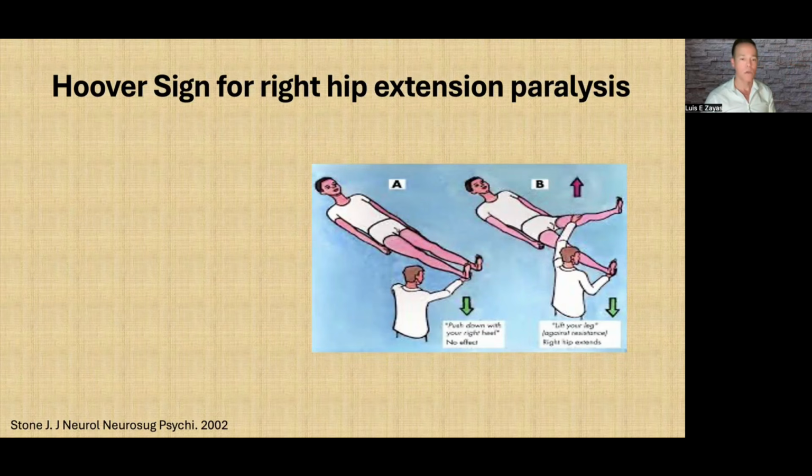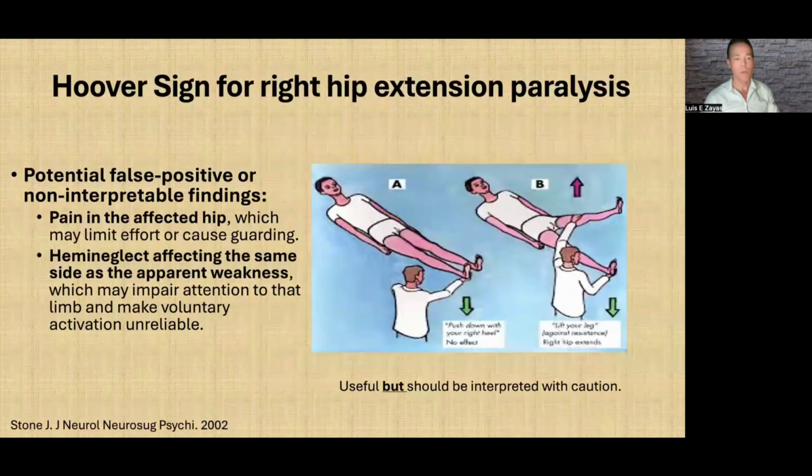Now you have to be careful, right? Because there are some conditions that could give a false positive test, or you are not able to interpret the finding. For example, you have hip pain. Of course, they have limited effort, so guarding, so you are not going to have a good exam.